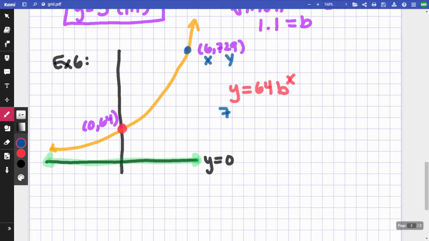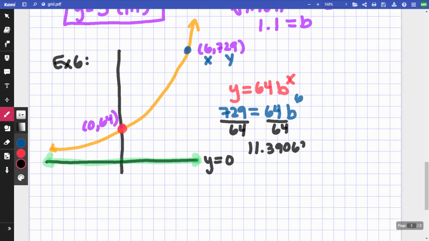So I'm going to put in 729 is equal to 64 times b to the power 6. I'm going to divide both sides by 64. And when I divide both sides by 64, 729 divided by 64 is 11.390625. If you don't write out the whole thing, keep it as a fraction. That way you are accurate.